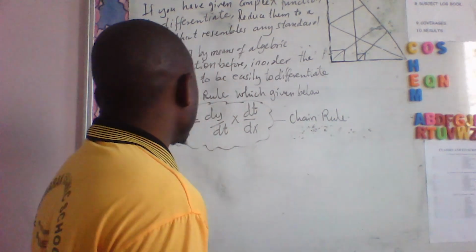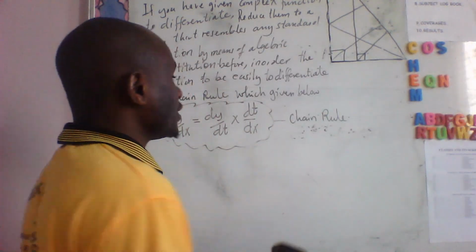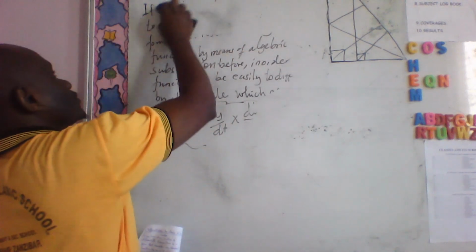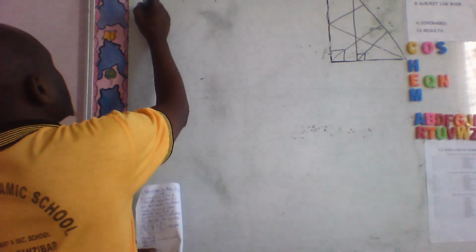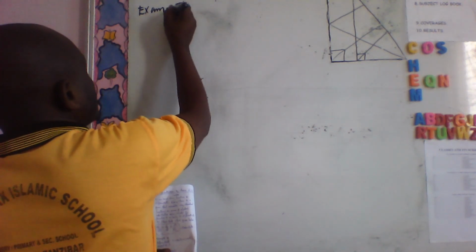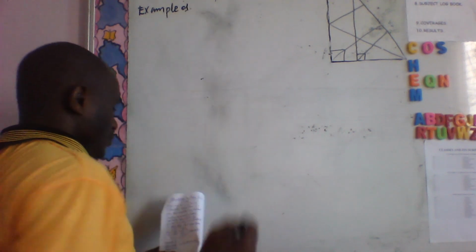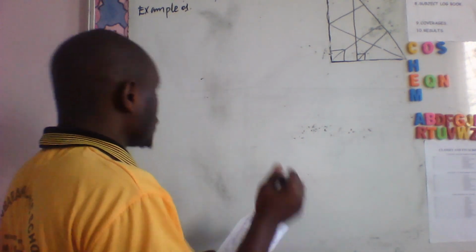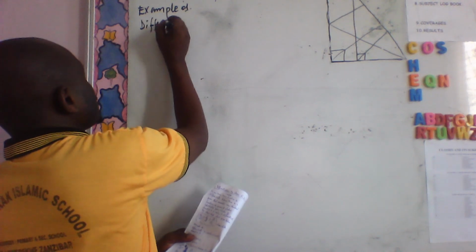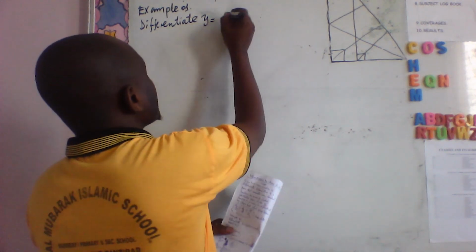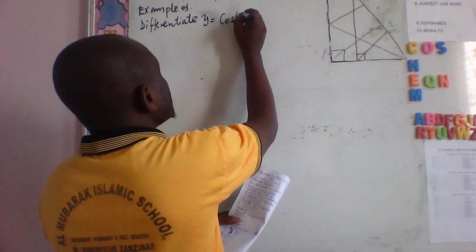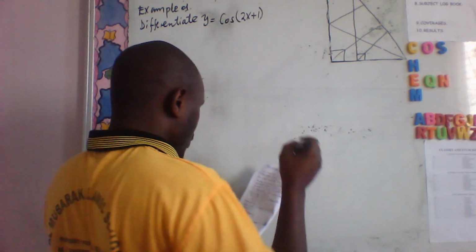So let us see example number 1. Example number 1 requires us to differentiate y is equal to cos bracket 2x plus 1 with respect to x.